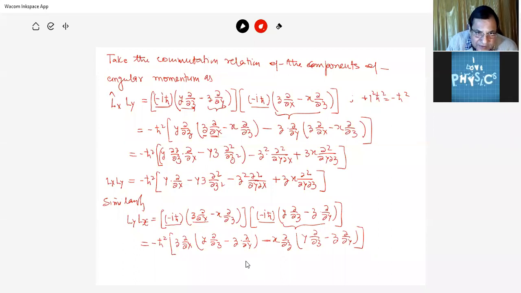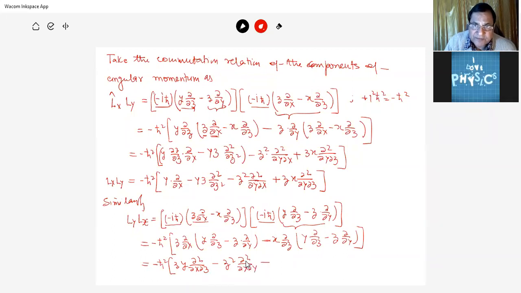So this is again minus ħ square, and here it is zy ∂²/∂x∂z minus z square ∂²/∂x∂y.